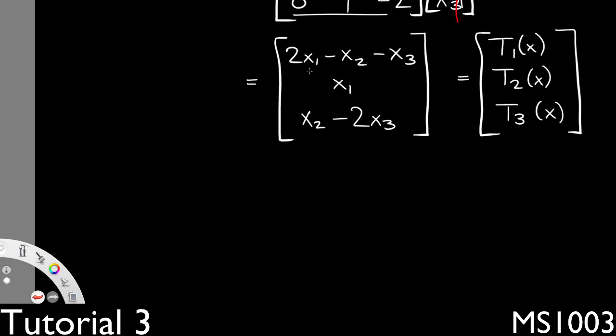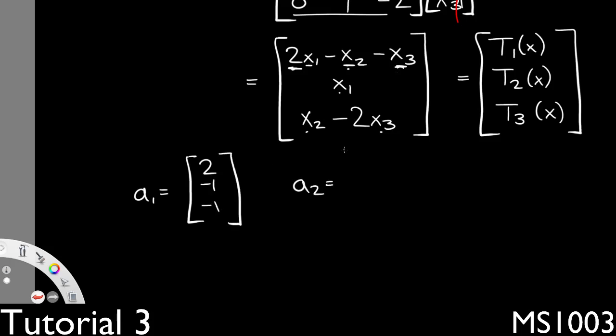And we can read them off of just the coefficients here that are in front of the x1, x2, and x3. So a1 is going to be the coefficient in front of x1, x2, and x3 in T1, but expressed as a vector instead. So in the x1 position of a1, I'm going to have 2, because 2 is in front of x1. In the x2 position, I have -1, and in the x3 position, I have -1.